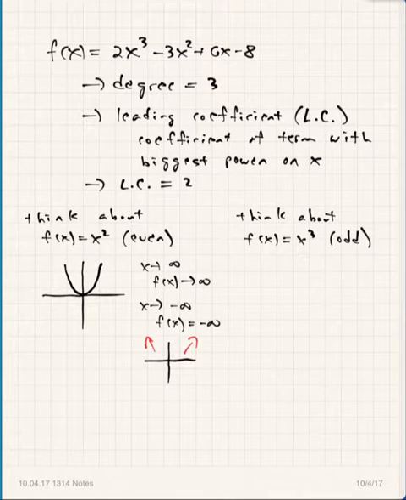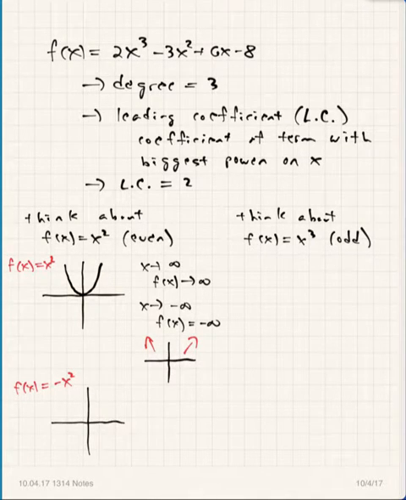It's rising to the left and rising to the right. Well, it turns out all even degree polynomial functions have that kind of end behavior, like f of x equals x squared, or they have the end behavior of f of x equals negative x squared. And f of x equals negative x squared is simply the exact same graph, except it is turned upside down. It's a reflection.